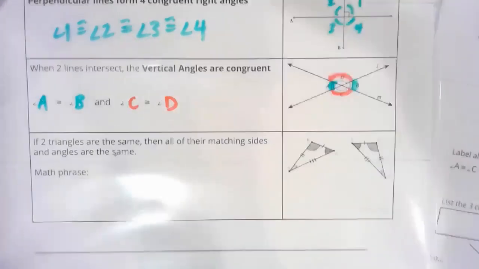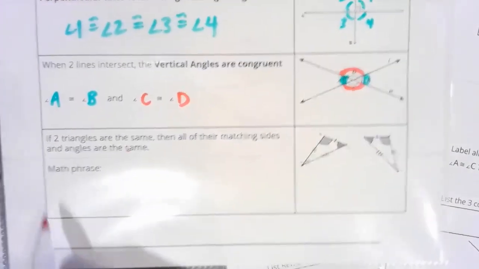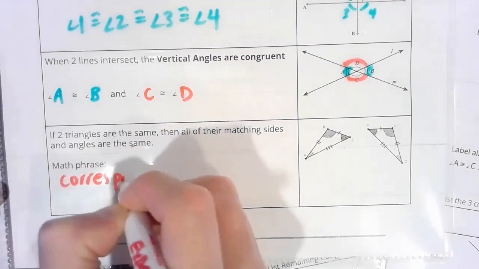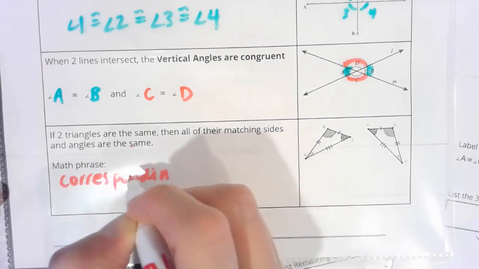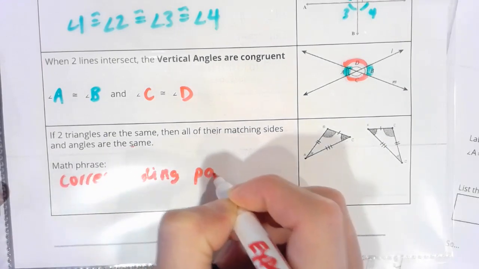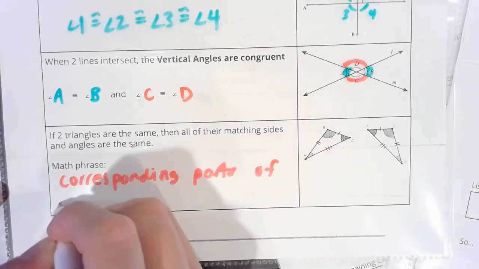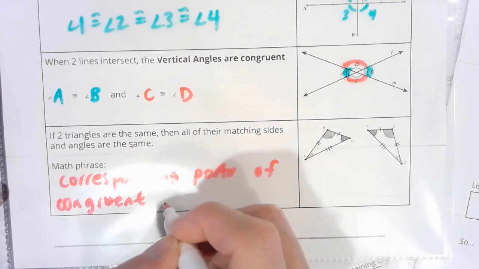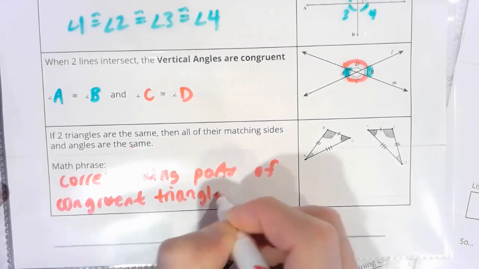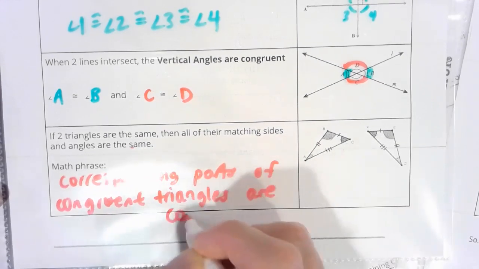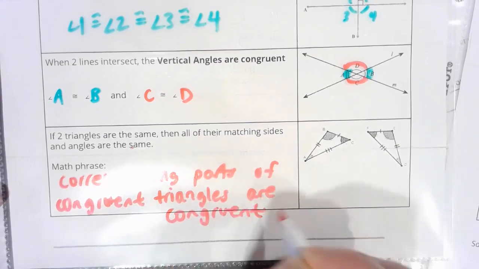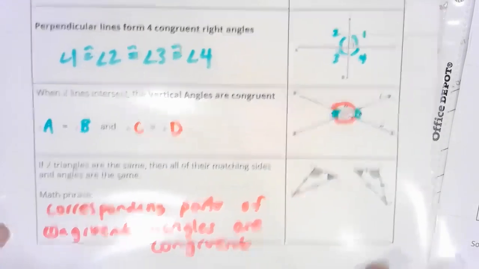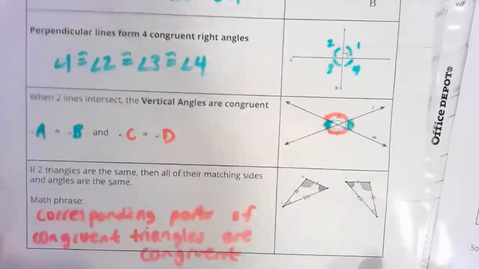And the math phrase that we use to say that is: corresponding parts of congruent triangles are congruent.